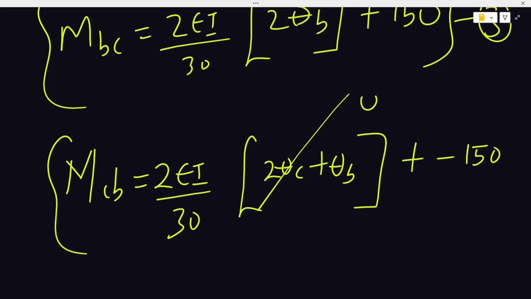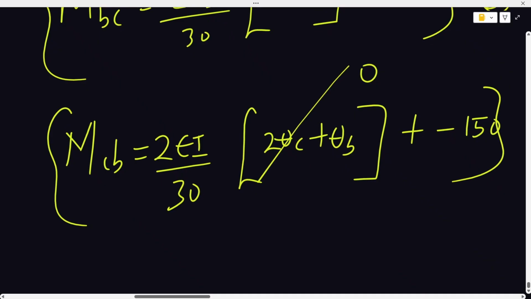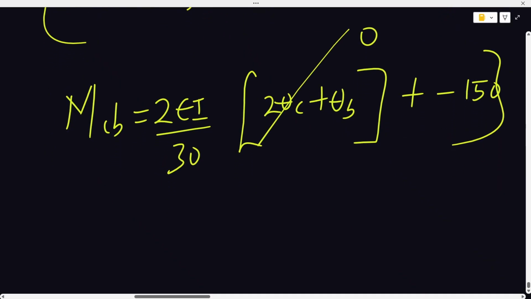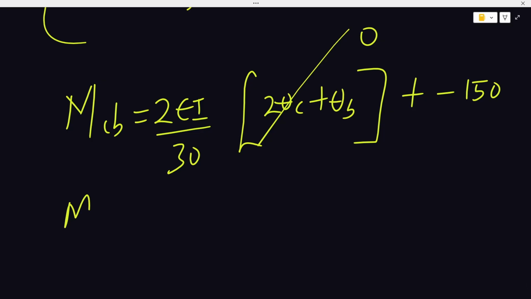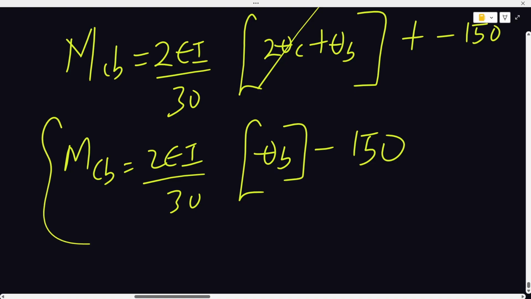Now this guy is 0, let me just erase this. So we say MCB is equal to 2EI over 30 theta B minus 150. Now this is equation 4.